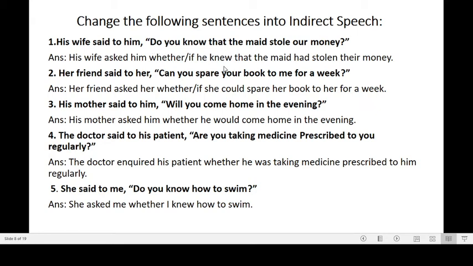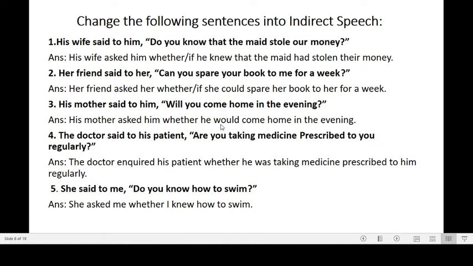So this should be changed into simple past tense. So his wife asked him whether or if he knew. Simple present tense will become simple past. Whether he knew that the maid stole. It is in simple past tense, so this simple past tense will be changed into past perfect tense, had plus the past participle form of the verb. The maid had stolen their money. "Our" is changed into "their".